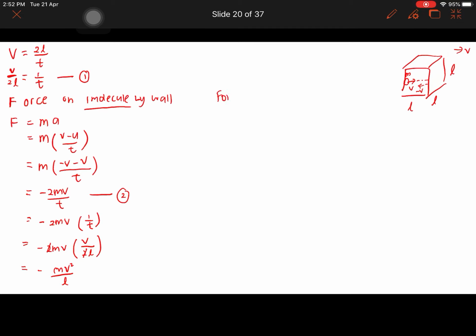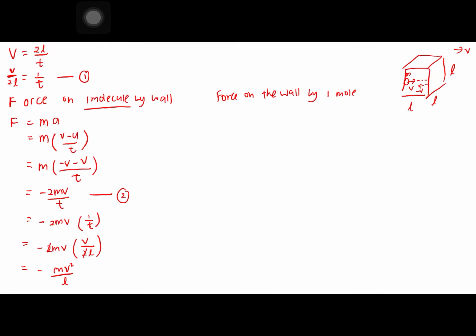Now, what if I want to find the force on the wall by one molecule? According to Newton's third law, every action has an equal and opposite reaction. So the force on the wall will be the same as the force on the molecule, just that the direction is different, so it'll be mv squared over L. So we go to the next page, let's copy that down again.